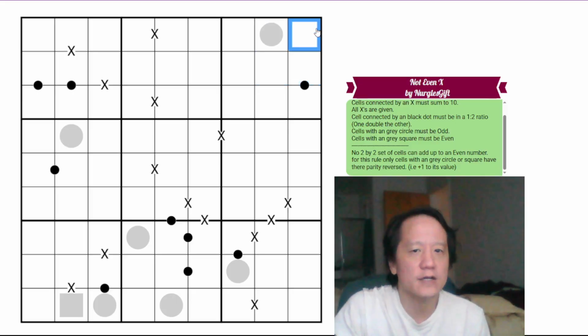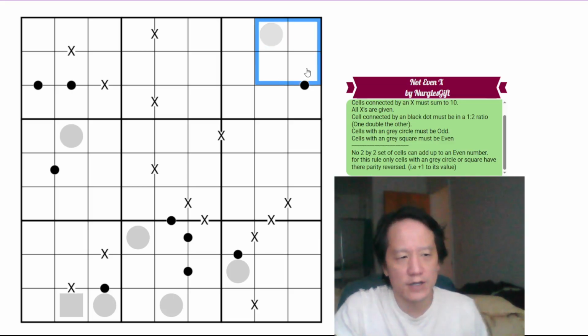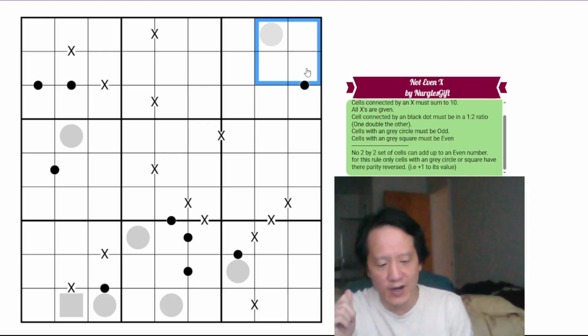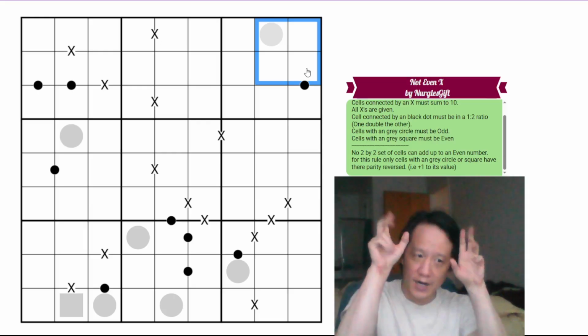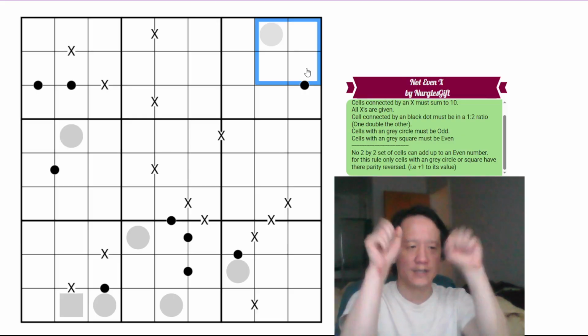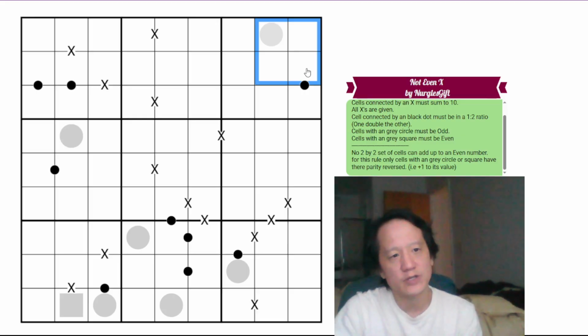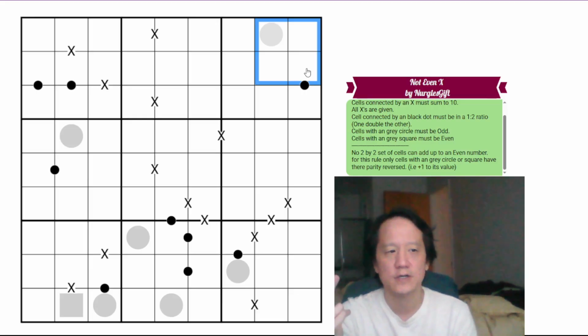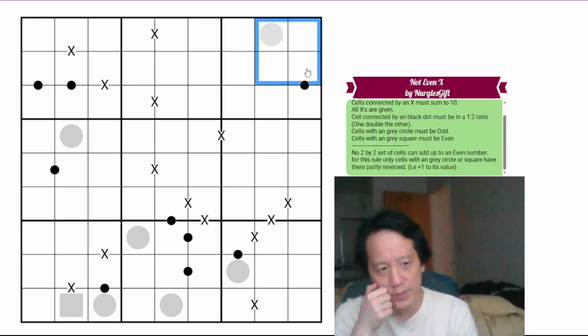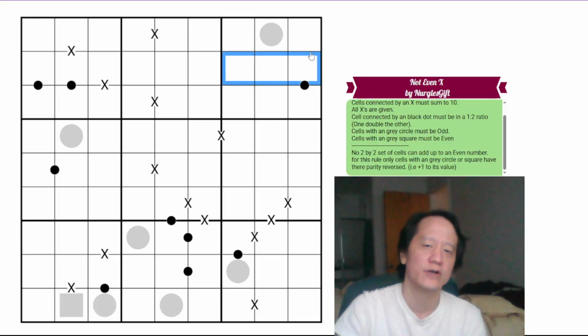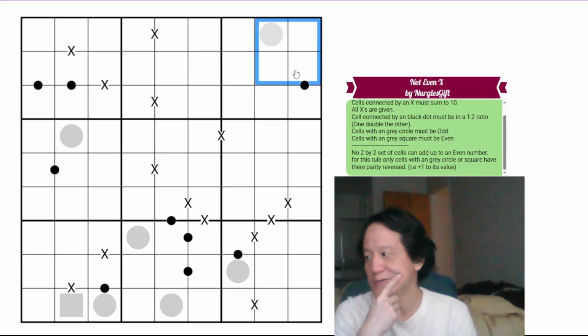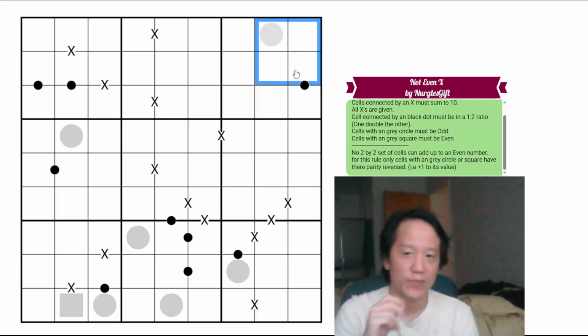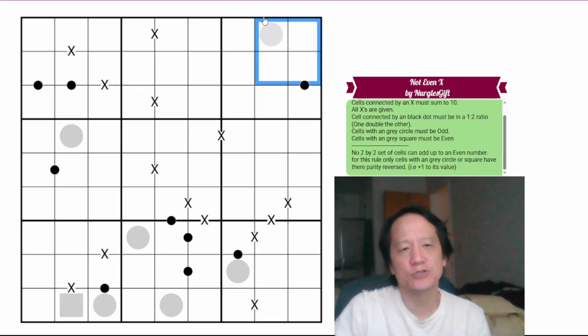Because if you have 0, 2, or 4 even numbers, or 0, 2, or 4 odd numbers, that means you are guaranteed an even sum for the 2x2 area. Anyways, those are all the rules.